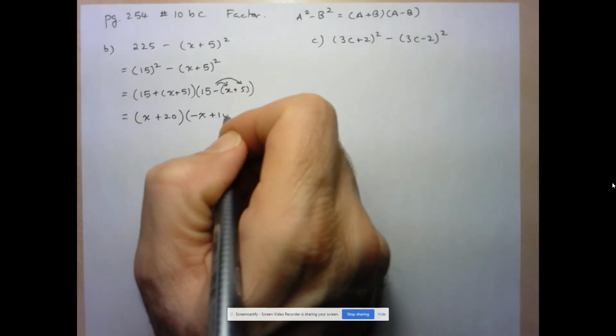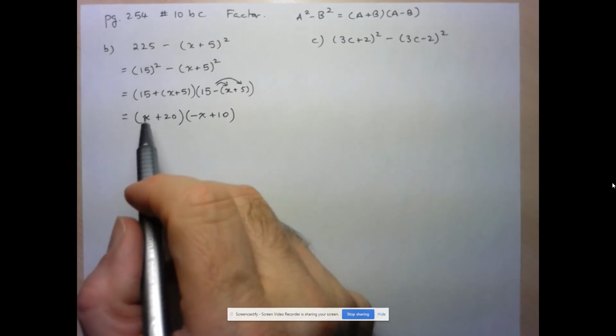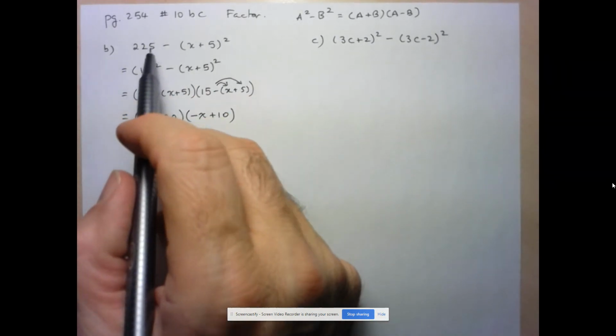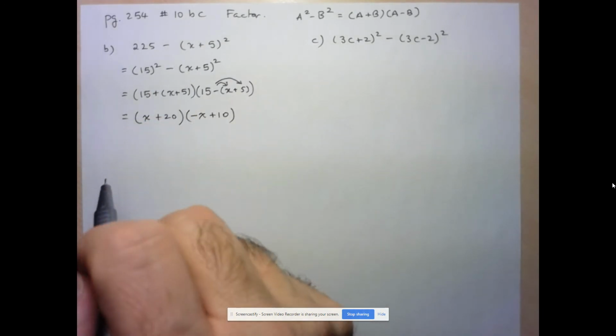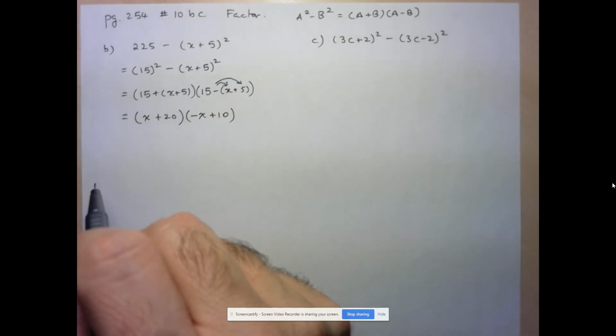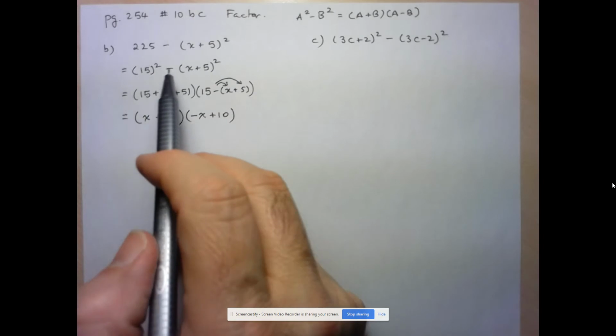So plus 10. All right, and there's the factorization. Now, unfortunately, if I were to distribute this out, I can't easily see that I have the right answer. I'd have to distribute out both of them, and I would see that they would give me the exact same answer. Okay, so again, look for anything that could be a difference of squares.